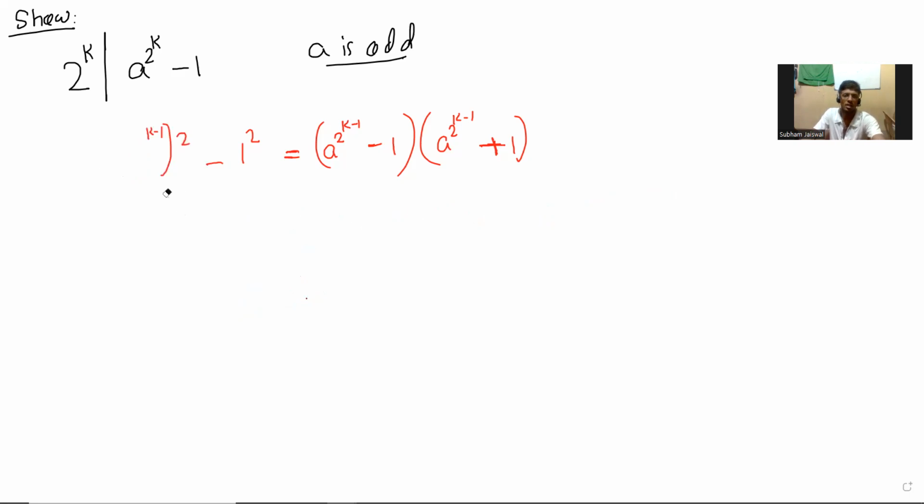So what is the tighter result that we can guess? It's not coming out of the blue. 2 to the power 3 divides a square minus 1. So when this power is 1, this power is 1 plus 2. If you also try a to the power 4, or a to the power 2 square, you will see that the 3 becomes 4. So this is not such a bad guess to make.